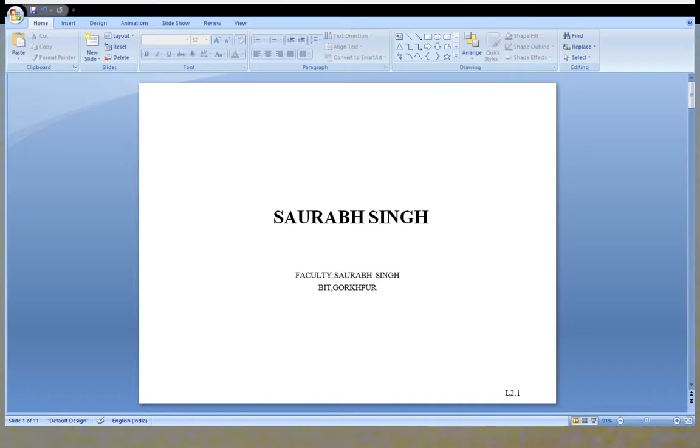So the complexity here would be T(n) determined by n raised to the power log a base b, because it is the dominant term and it will dominate the function f(n). This was case 1.